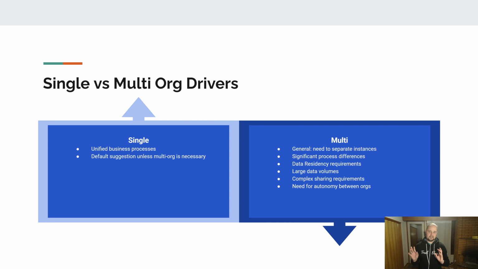And finally, if there's some need of autonomy between the orgs. This could be, for example, a situation where we are running a company that manages operations such that every geography has the same operations, but they're looking to spin off one of their countries into its own separate company and sell it off. If that's their strategy, that they grow companies in a geography and then sell them off, that means we have to plan for that in our system landscape and in our org strategy.